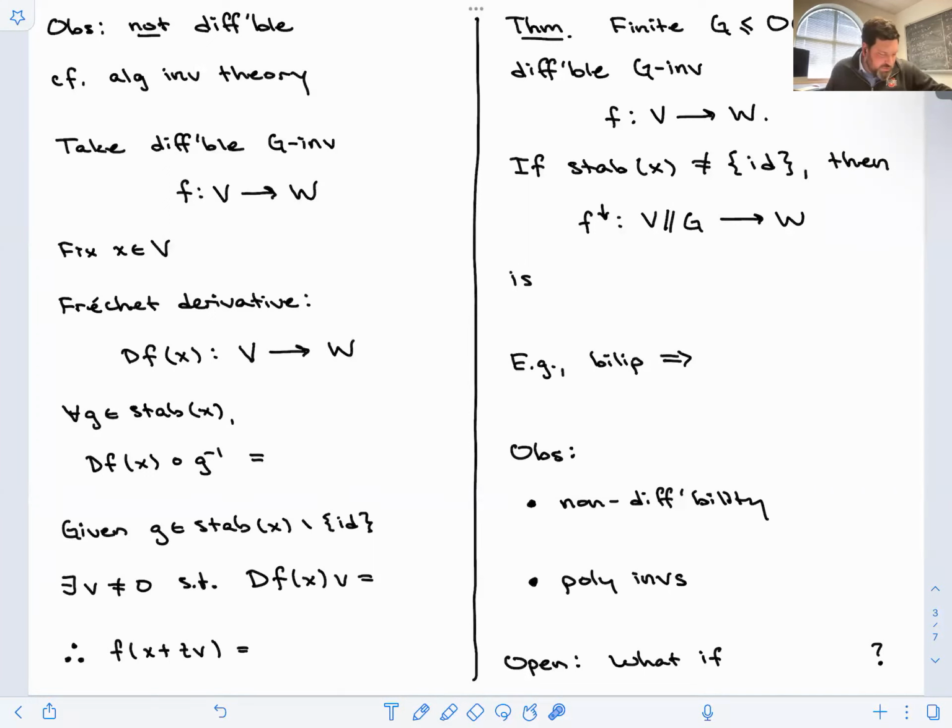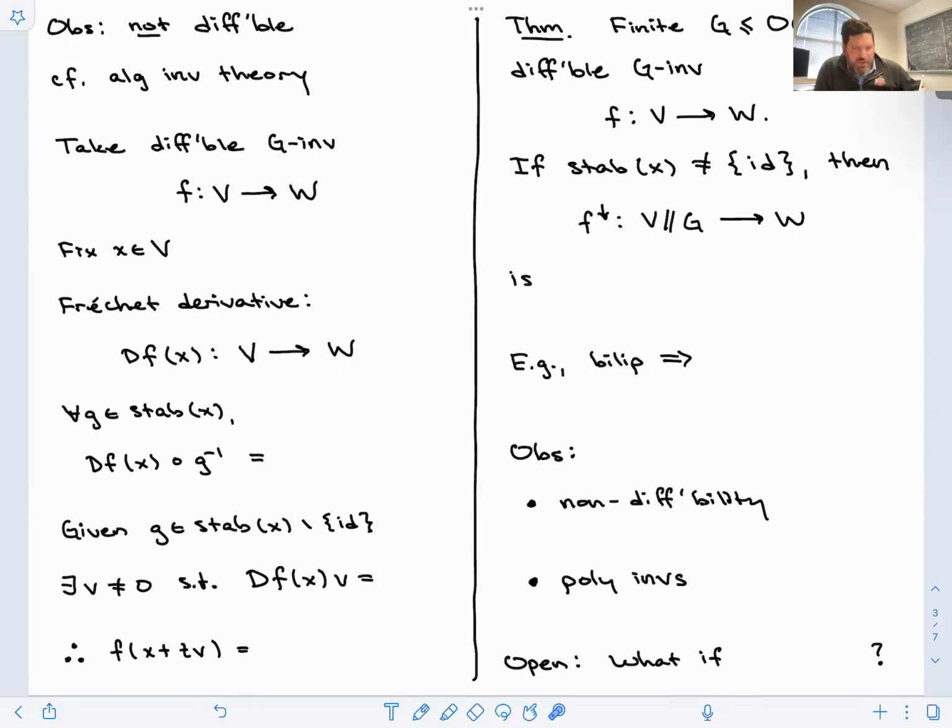So let's suppose we have a differentiable G-invariant map from one Hilbert space to another, okay? And we're going to fix a point in our domain. There's this notion of Fréchet derivative. I want you to just think Jacobian. So pretend these are finite dimensional, and this is the Jacobian of f at x, okay? It's a linear map from V to W.